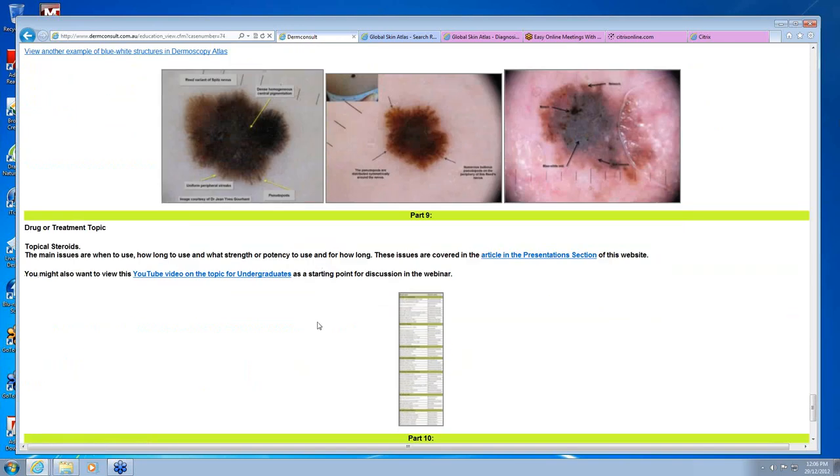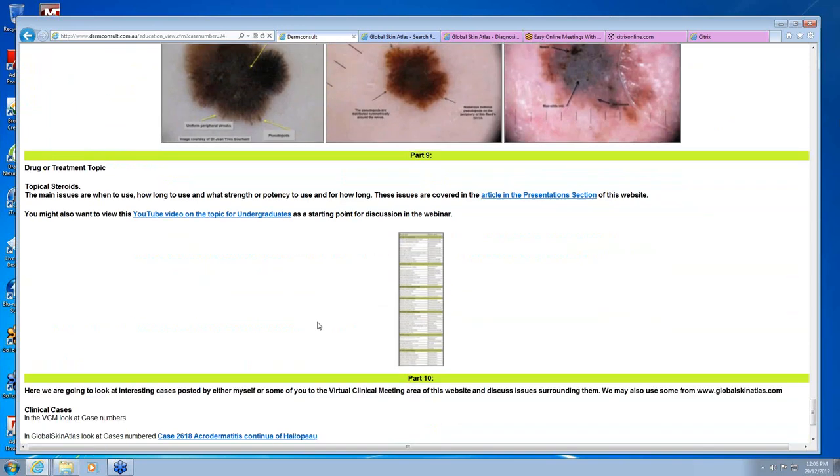The treatment topic we wanted to look at was topical steroids. We'll discuss these during the module itself, during the webinar. Topical steroids are the linchpin of treatment of many of the inflammatory skin diseases. But there's a lot of misinformation out there on topical steroids.